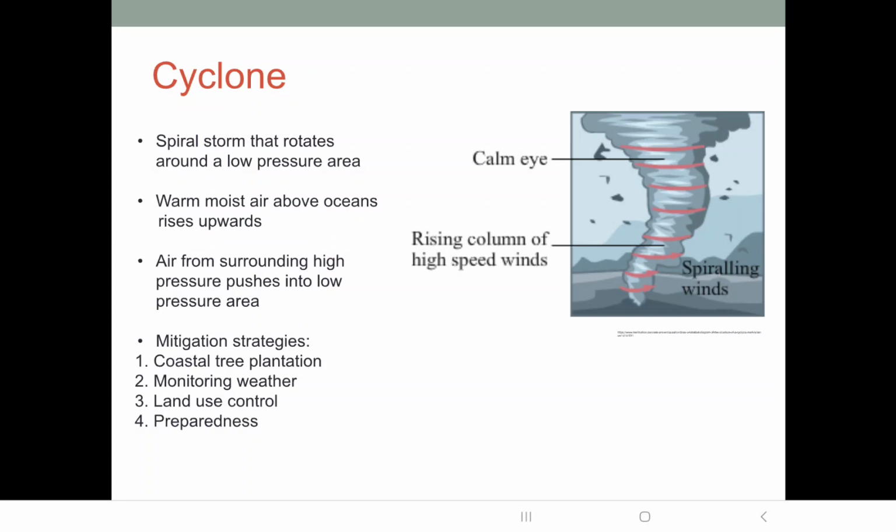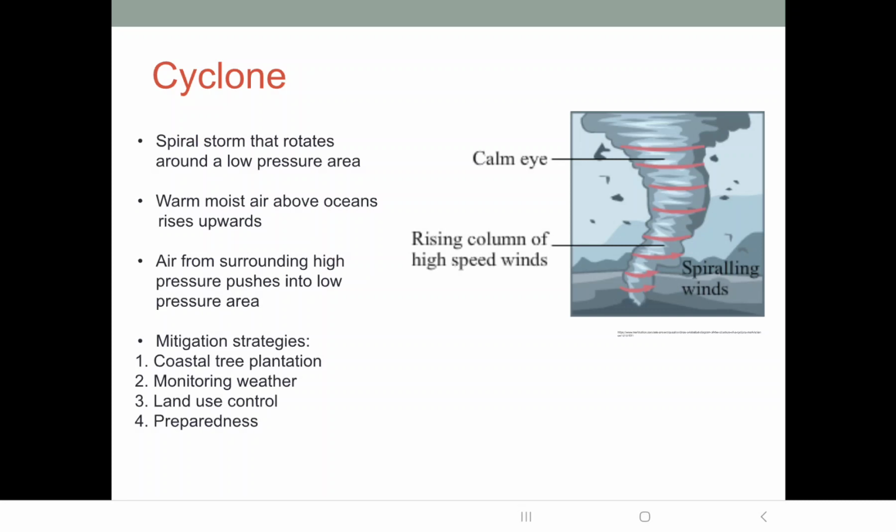Very important is insurance cover has to be given to these residents living in the cyclone prone area. And the public has to be increasingly made aware that there is a proper mitigation strategy for the cyclone and they have to shift.